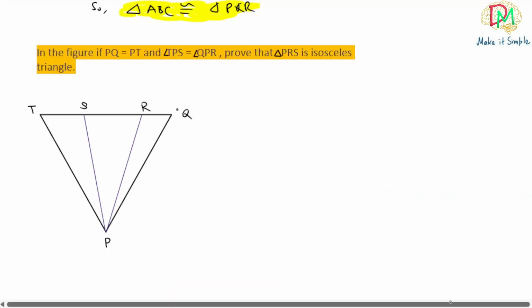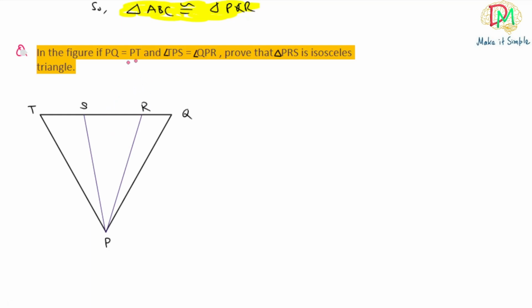Now solve one question on this congruence of triangles. So here the question is given. In the figure, PQ is equal to PT. Whatever data is given, you must mark on the drawing.